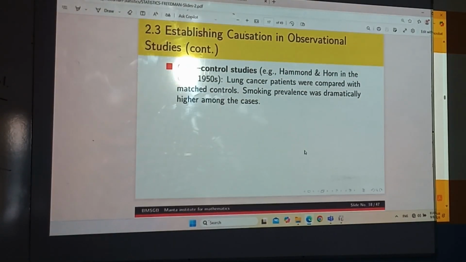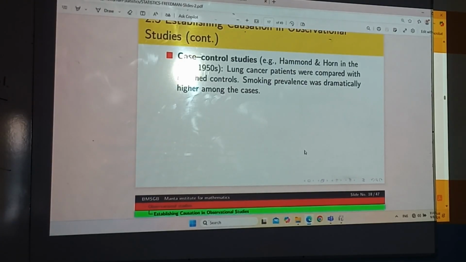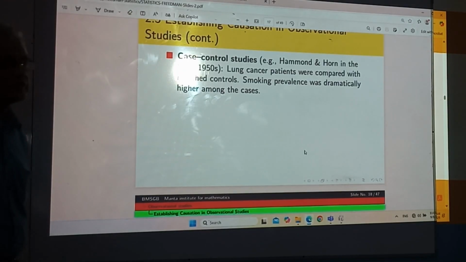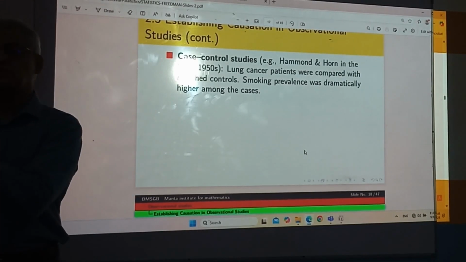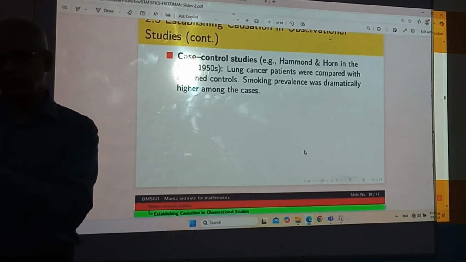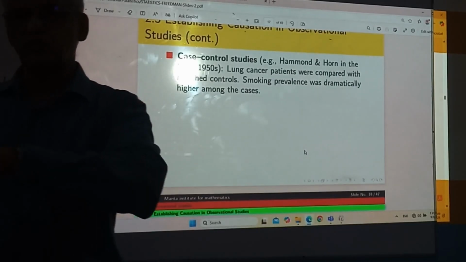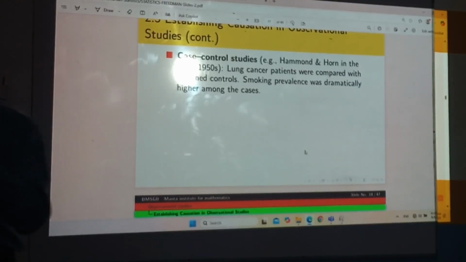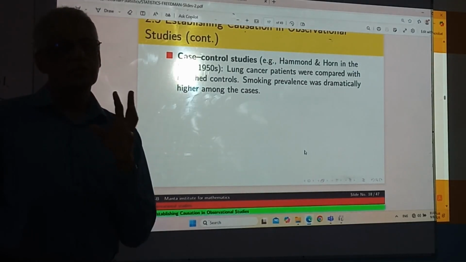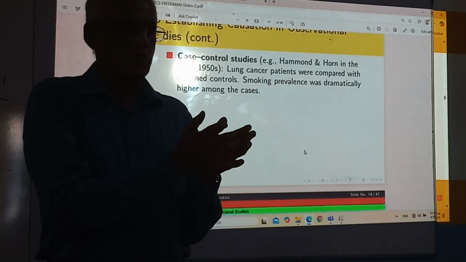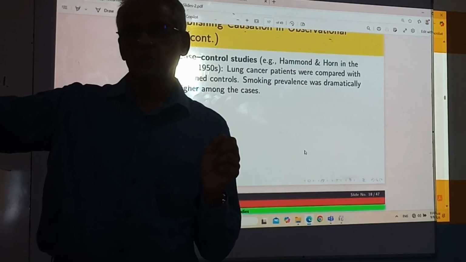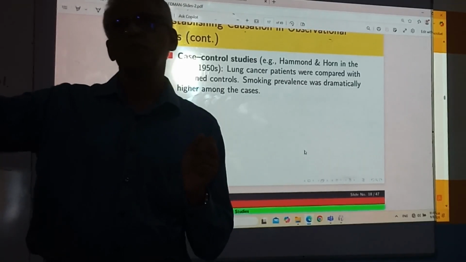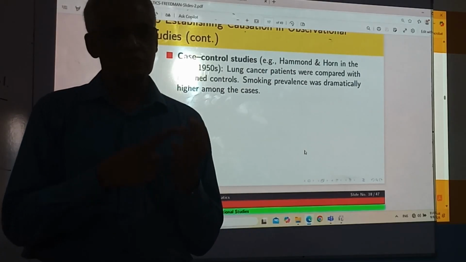In addition to that, there were some case-control studies also, with lung cancer patients compared with matched controls. This is again an observational study. In this smoking situation, it's impossible to do an experimental study. But this is somewhat between observational and experimental, because for each person who is smoking, you choose another person who is not smoking but with almost the same characteristics, maybe age-wise, gender-wise.